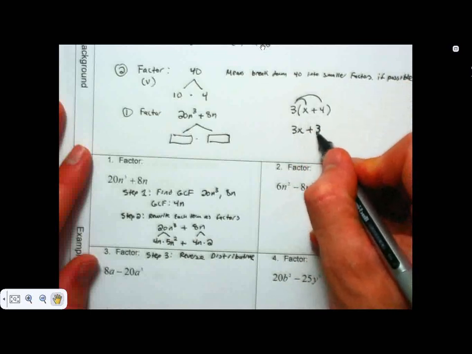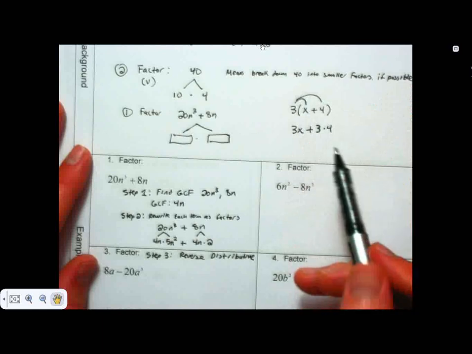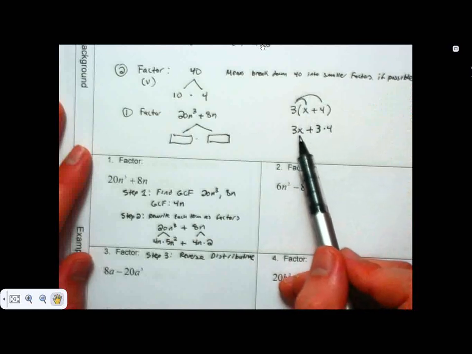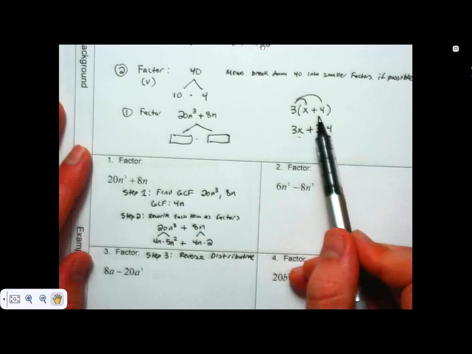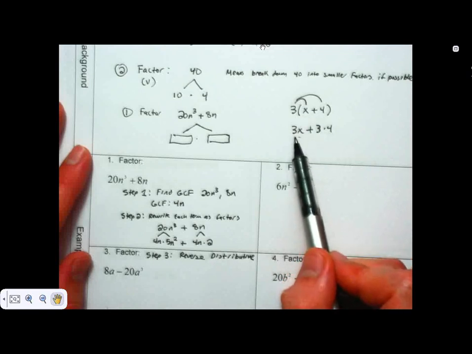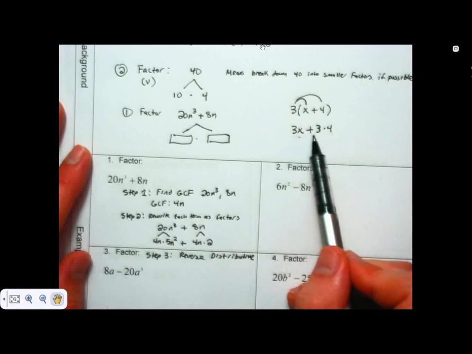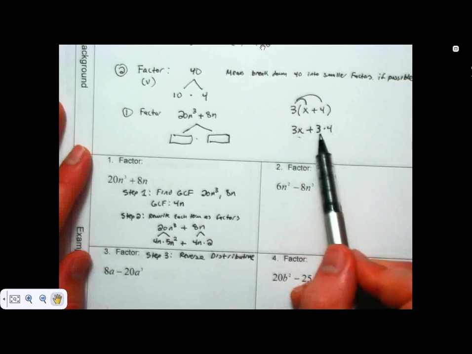And I'm going to keep that as 3 times 4. So basically what we're going to be doing is the exact reverse of that. I want to go back to this step with the parentheses and the group. What went on the outside was the 3, which was a factor of each original term.